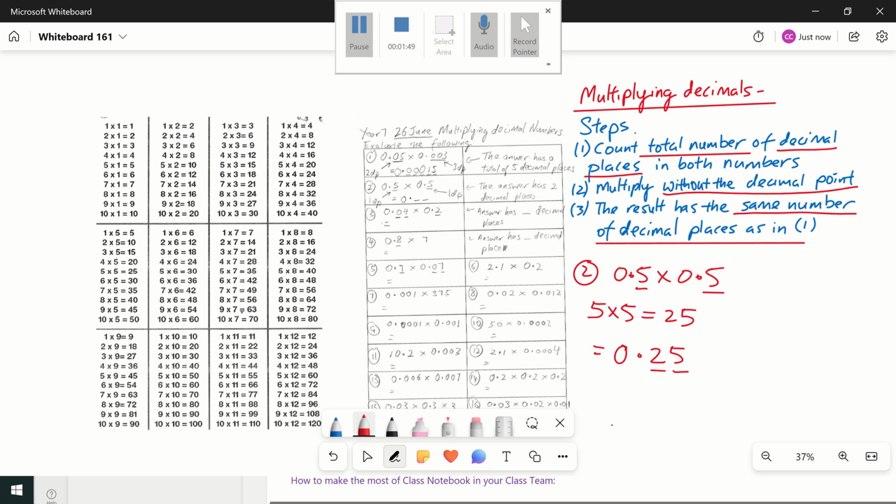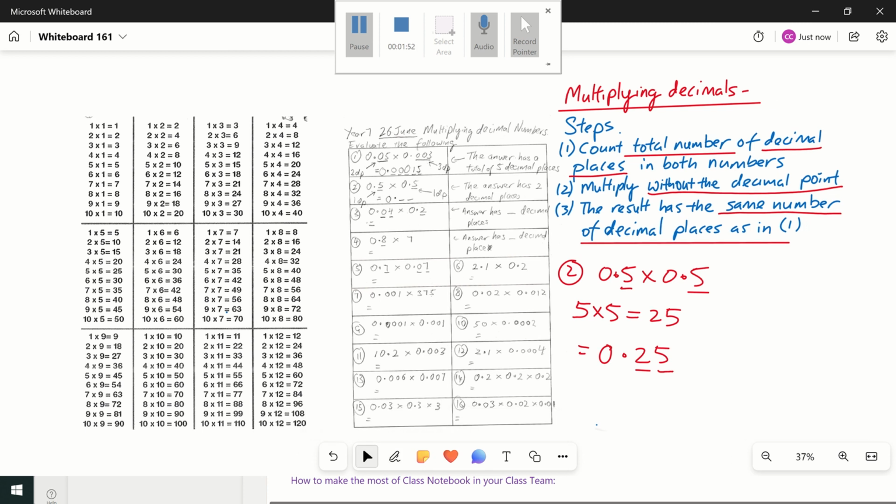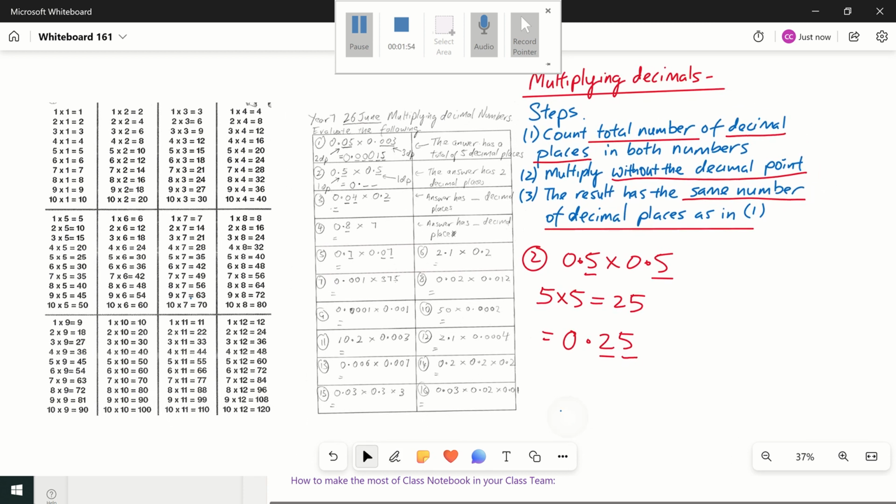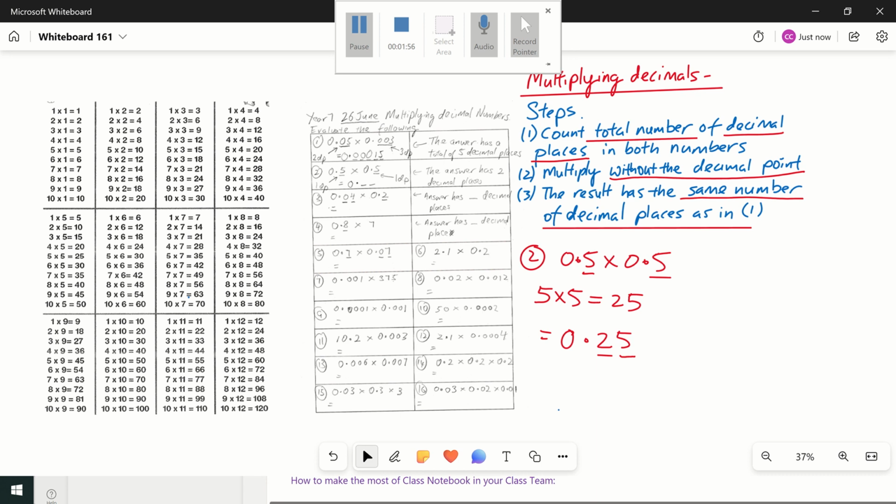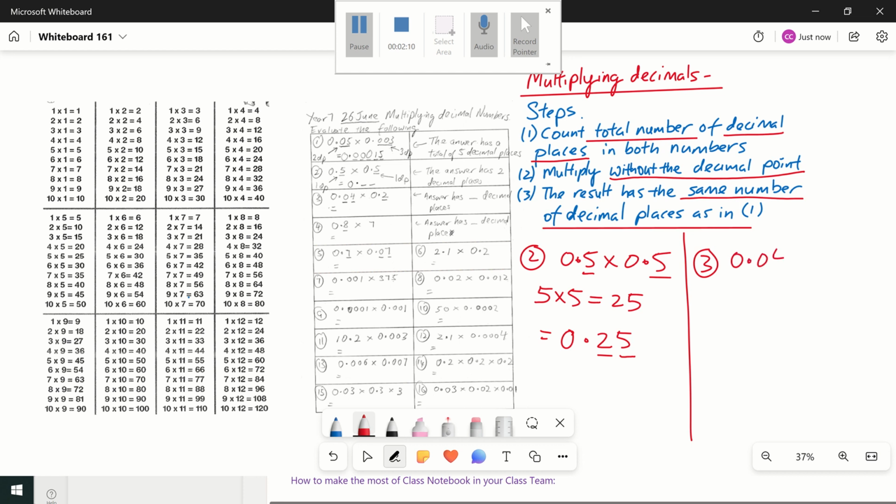Let's pick another one. Maybe let's try question 3. So question 3, we have 0.04 times 0.2.